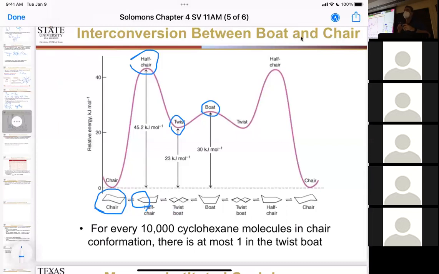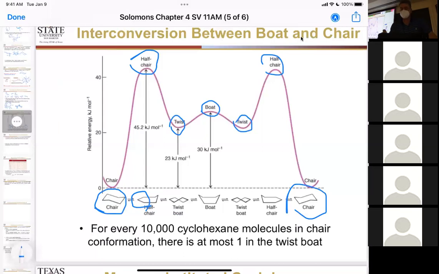Notice the twist is slightly lower in energy because of those flagpoles starting to hit sterically against each other. Then, of course, it can twist a little bit more, continuing going in the same direction through the half chair, and now we're in the opposite chair configuration. So we have to go back and forth. These can go back and forth between the boat and the chair. In cyclohexane with no substituents, it can do it at room temperature, just constantly flipping back and forth.